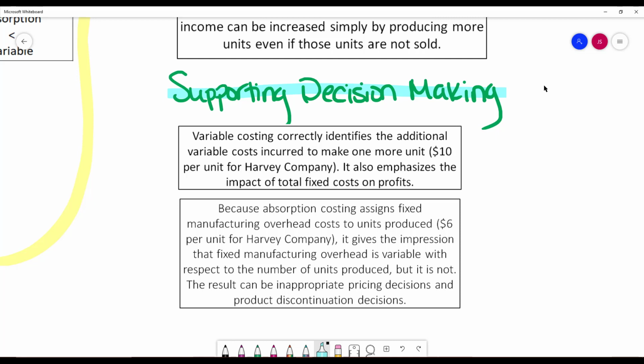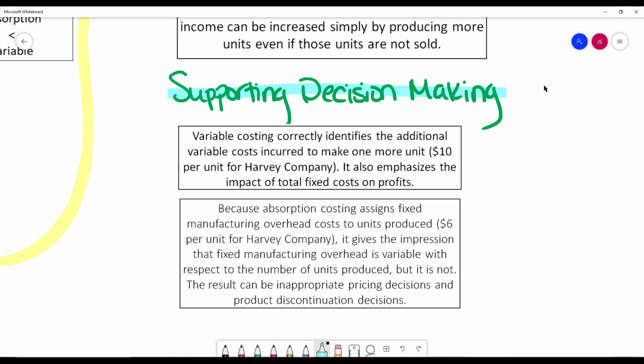Well, variable costing correctly identifies how much it's going to cost to make one more unit, because it only looks at the variable production costs, and variable costs by definition vary in total with changes in activity, although the per unit amount stays the same. With variable costing, we're also able to look at the impact that fixed costs have on the bottom line. The contribution format income statement really enables deeper analysis into those elements.